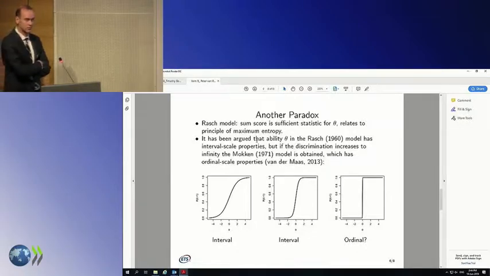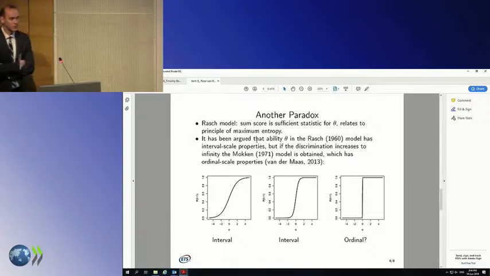That relates a little bit to the principle of maximum entropy in physics. And Matthias also mentioned some other relationships between IRT models and models used in physics, like the Ising model. So it has been argued that ability theta in the Rasch model has interval scale properties.